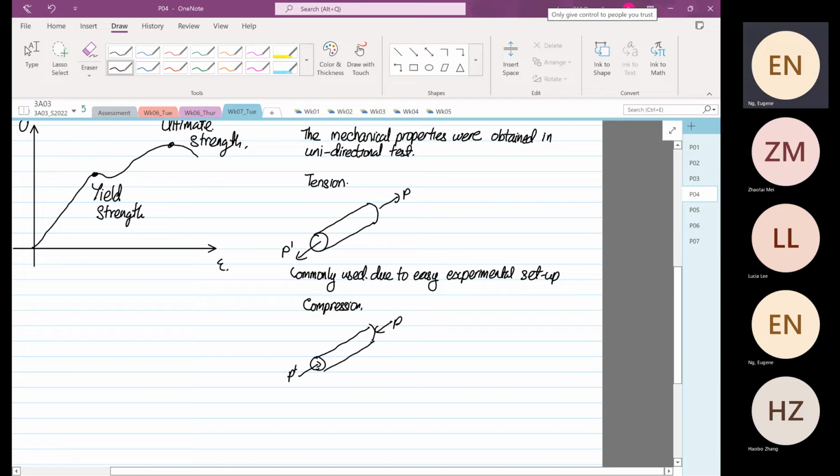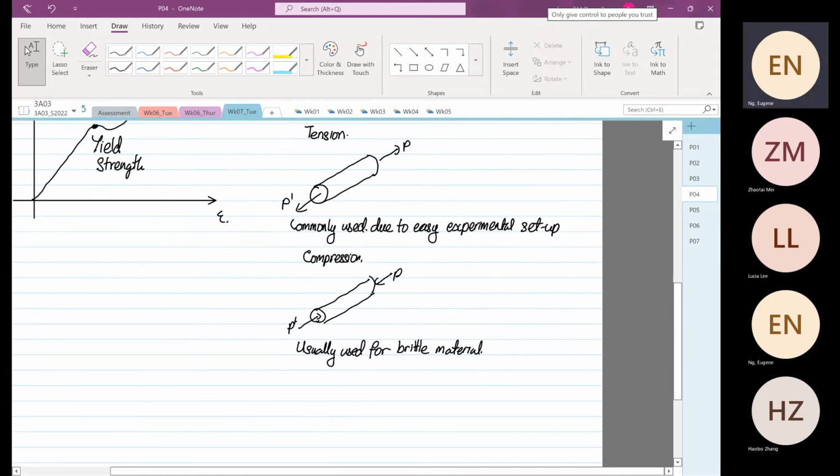For this case, compression is usually used for brittle material. Brittle material cannot withstand tensile stresses, so they usually do compression tests.